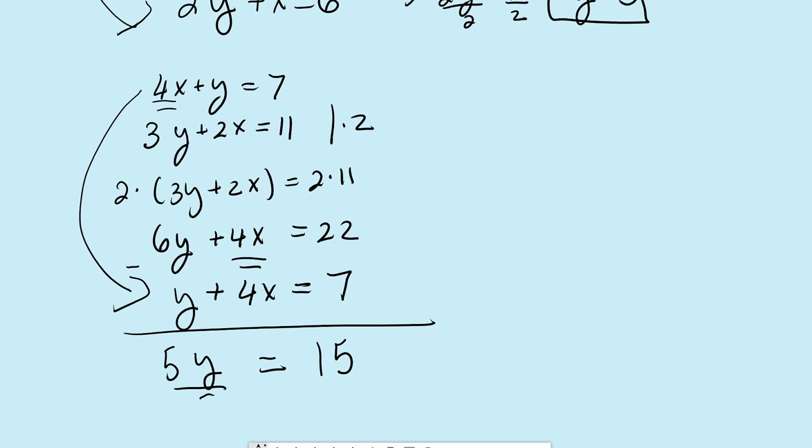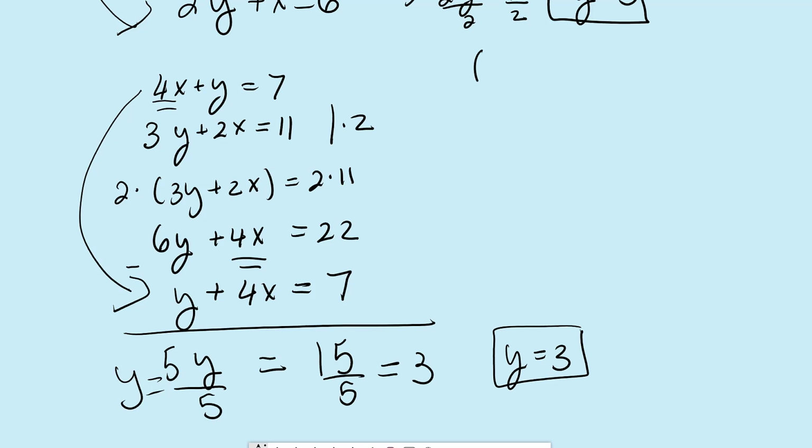If we divide both sides by 5, we get that y equals 3. Okay, so y equals 3. So let's write our ordered pair, x, y equals, we don't have our x yet, but we do have our y, which is just 3.